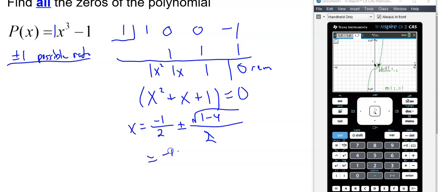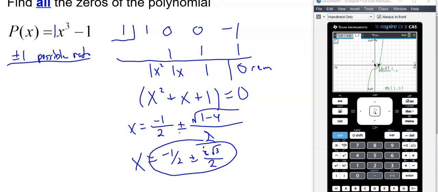So we get -1/2 plus or minus the square root of -3, which is i root 3, all over 2. And so those are two of my answers, and my other answer is that one. We have three answers. Two of them are imaginary, one of them is nice and rational.